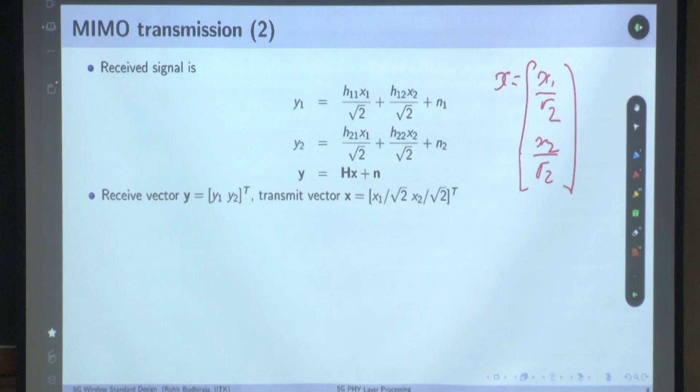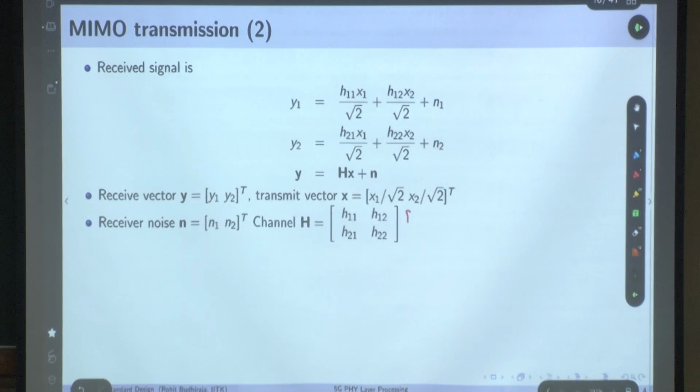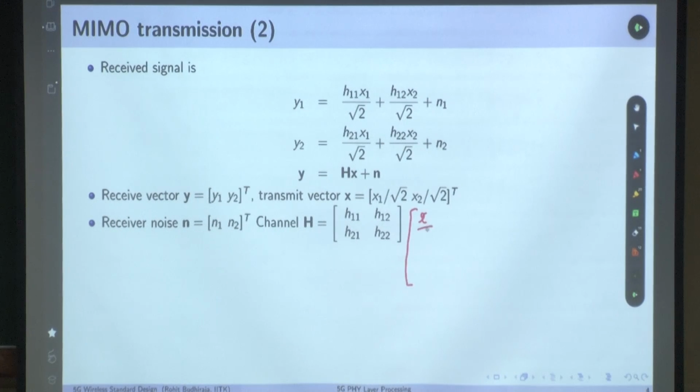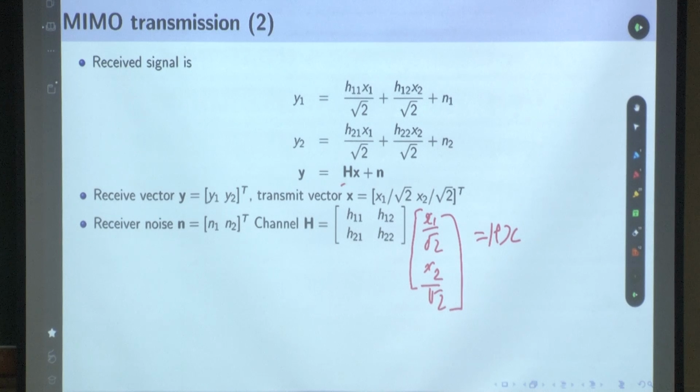And if I define a matrix H, with entries H11, H12, H21 and H22, and this is the noise, then what is Hx? Let us write x as x1 by root 2, x2 by root 2. If you multiply this, won't you get this product? If I call this Hx, that is what we are writing over here.